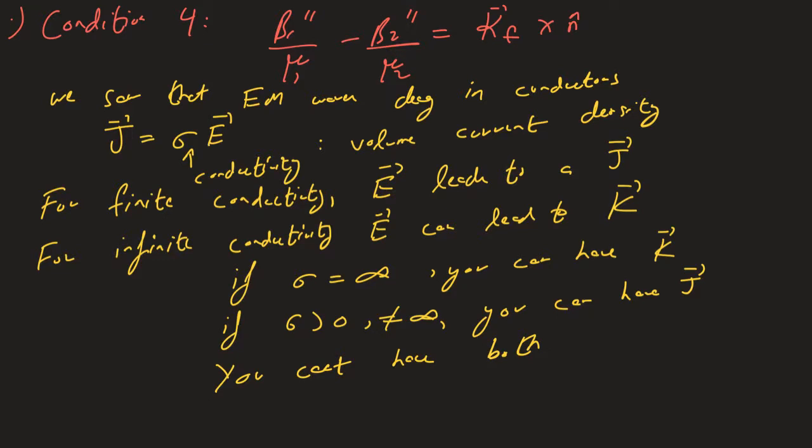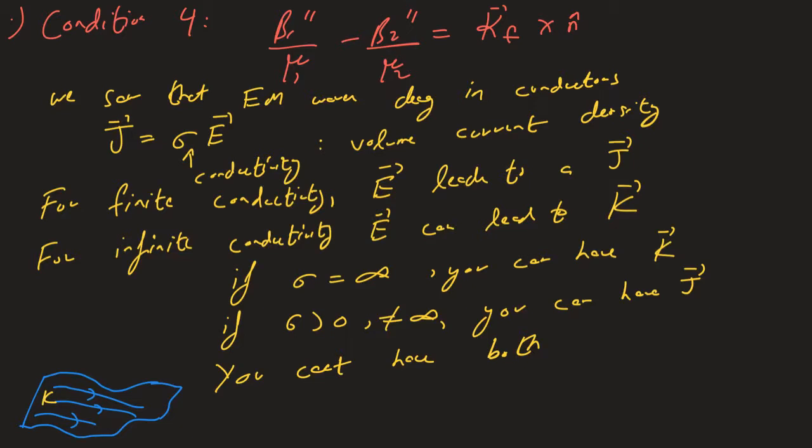Another way of thinking about it is that K is a surface current. The way to think about K is that if you have some surface, K is this surface current.